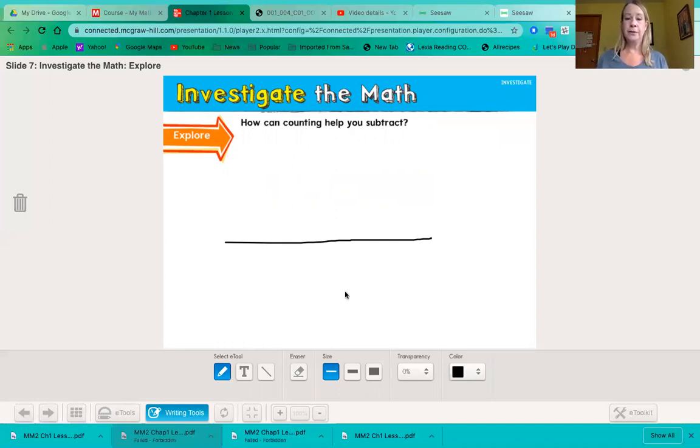So if I wanted to start on 8 and subtract 3, I can go 1, 2, 3, and if the numbers were there on my number line, I would have landed right on 5. And so the answer to that subtraction number sentence, which is called the difference, the answer is called the difference when you're subtracting, the difference is 5.